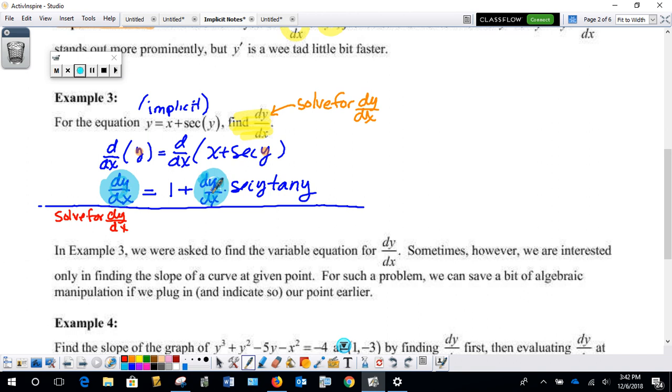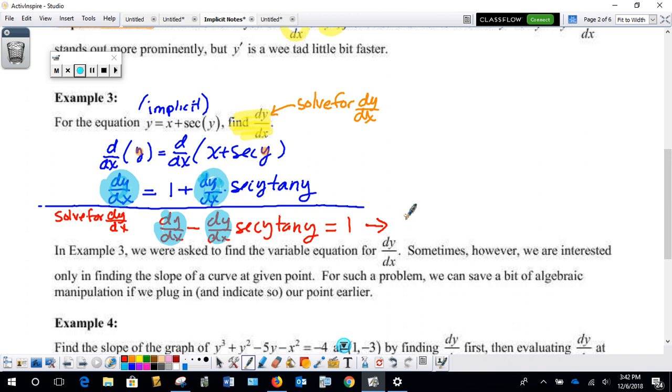So the first thing I'm going to do is I'm going to subtract this term over to this side. So dy dx minus dy dx secant y tangent y is equal to 1. Now when I get them over to this side, again emphasizing, now I can factor it out. So the point is, collect all your dy dx's to one side, and I'm only going to go this way simply because I ran out of room.